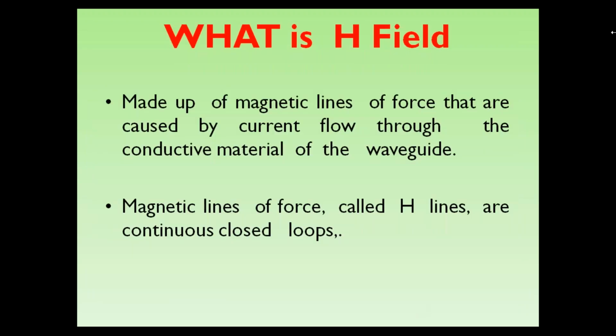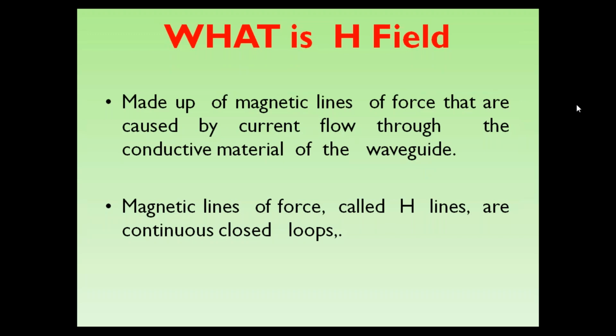Then next, what is the H field? You are all familiar with the H field, the magnetic field intensity. How do you get the magnetic field intensity? H is the magnetic lines of force along continuous closed-loop structures.